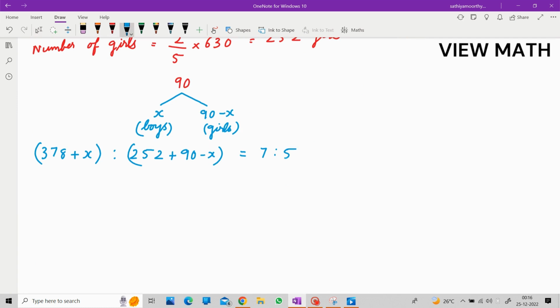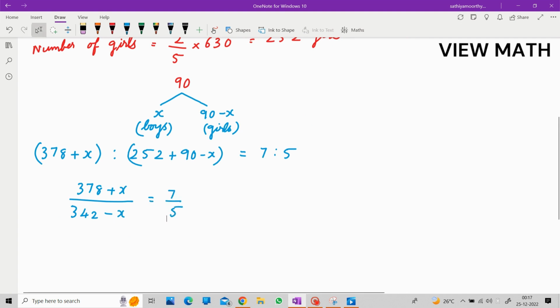I can write this as 378 plus X by, let me add these two, I'm getting 342 minus X, is equal to 7/5.